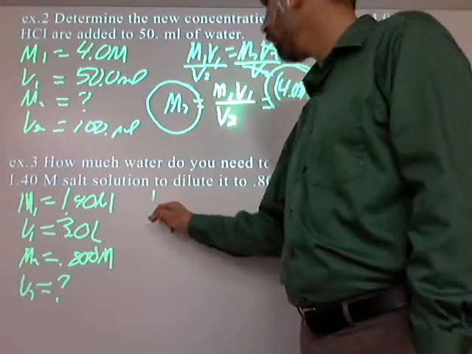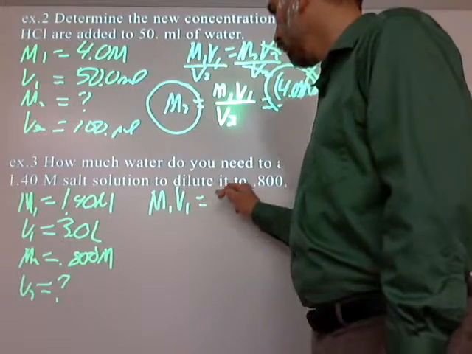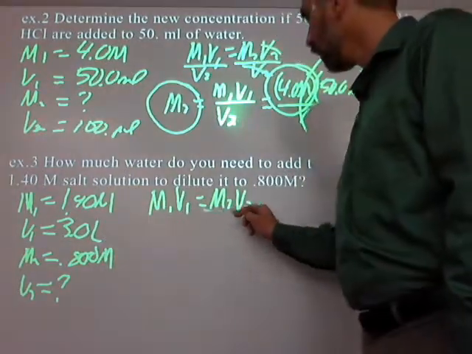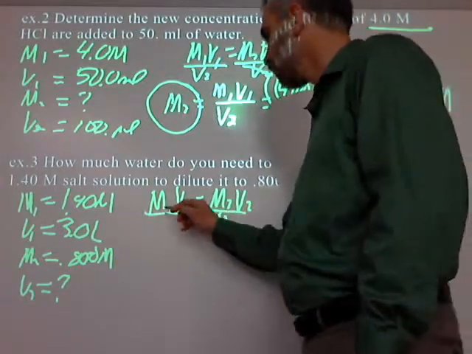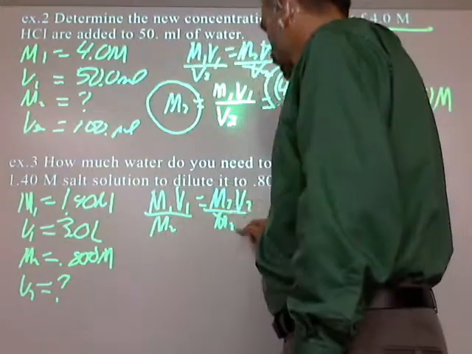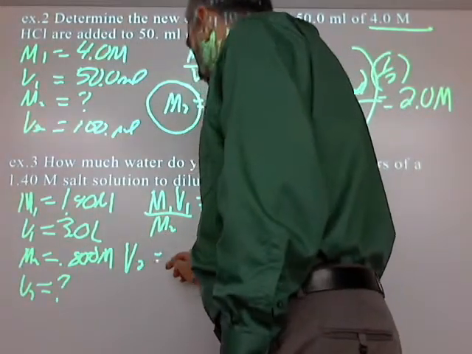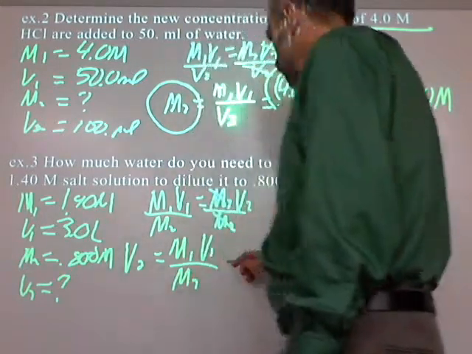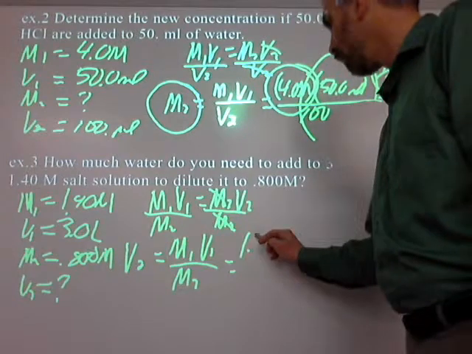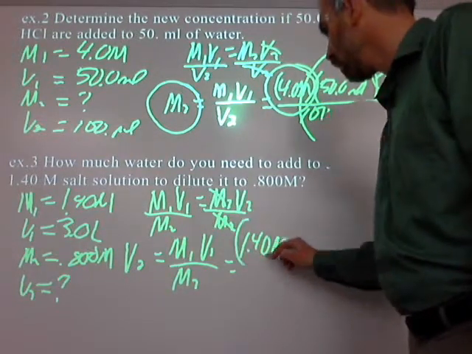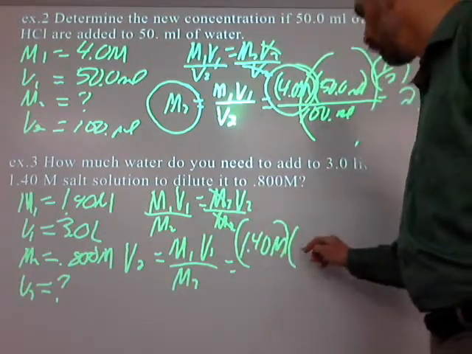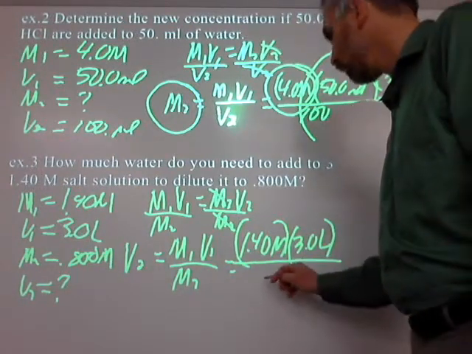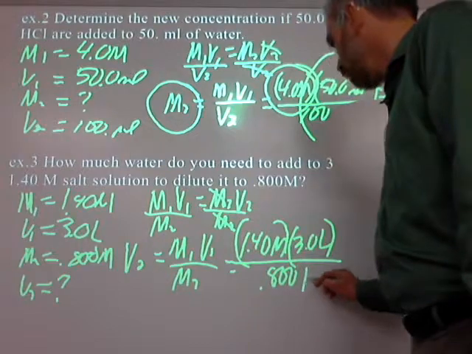All right, M1V1 equals M2V2. I need to solve for V2, so I'll divide both sides by M2. So V2 equals M1V1 over M2, which is 1.40 molar times V1, which is 3.0 liters, over M2, which is 0.800 molar.